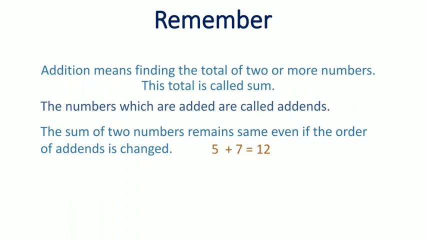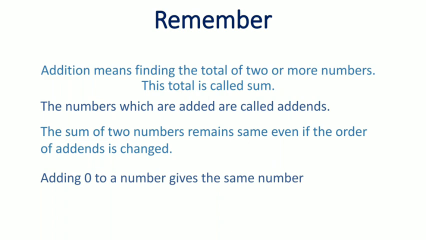Means we know 5 plus 7 is equal to 12, and if we change the place of the addends, 7 plus 5, then also we will get the same answer, 12.